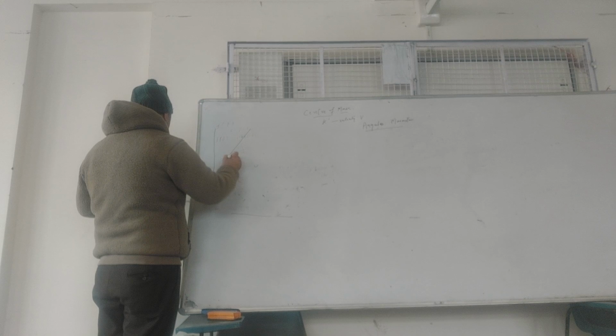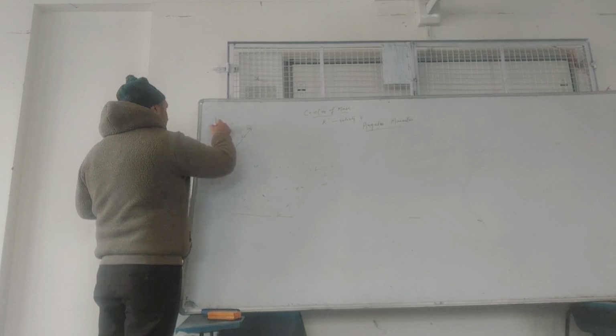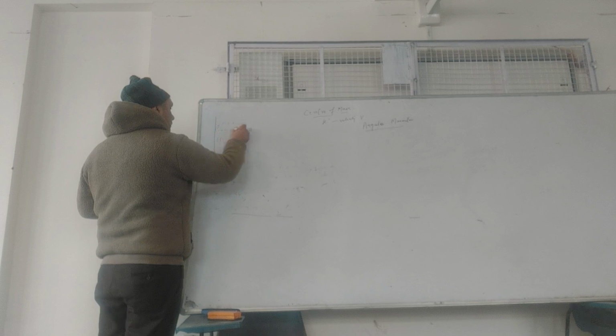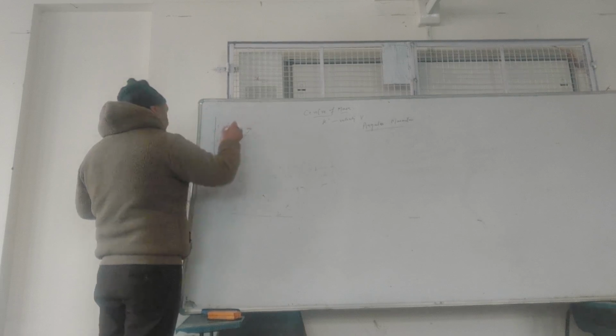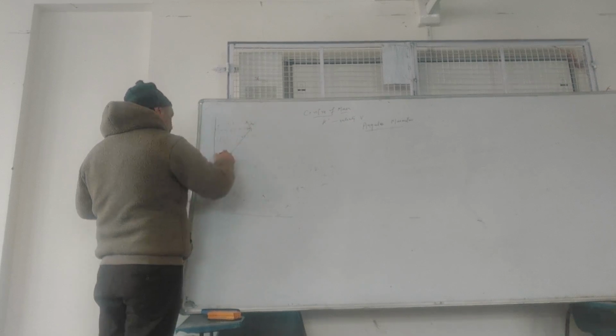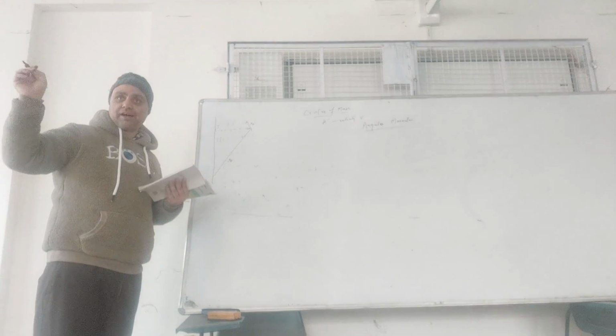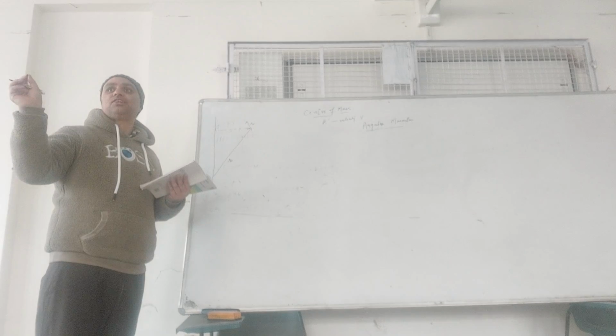This is the radius vector. So you have r, theta, and phi. So these are three coordinates.